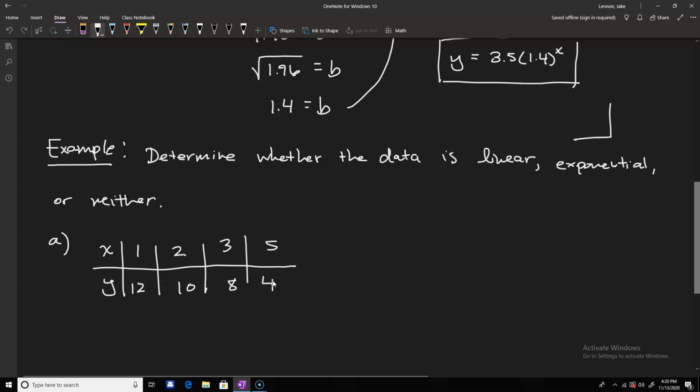So this is going to be linear. Anytime you see a constant additive change in the output variable for each unit time step, it's going to be linear. So here we can say the function is linear, and we know that change is actually the slope, so with a slope of -2.